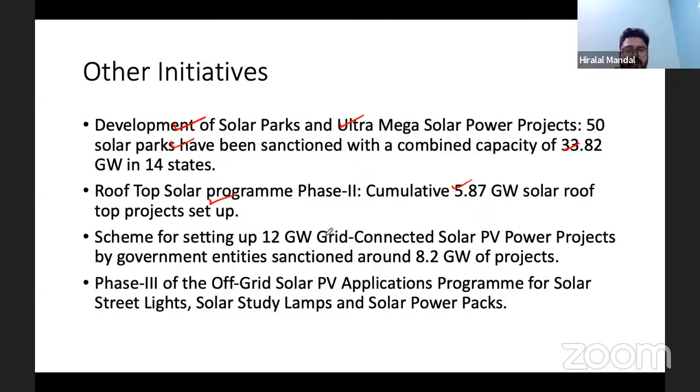There is the setting up of grid connected solar photovoltaic power projects by government entities, that has also been done. There is also the off-grid solar photovoltaic application program for solar streetlights, solar study lamps, and solar power packs, which have already been distributed by the government of India.